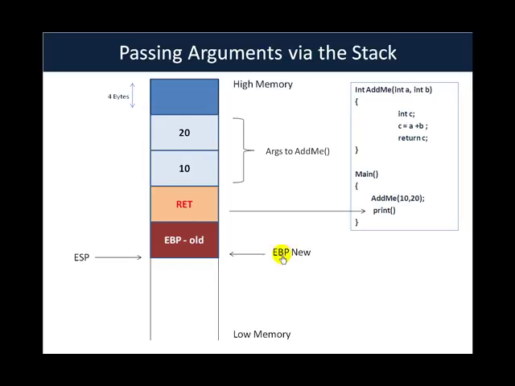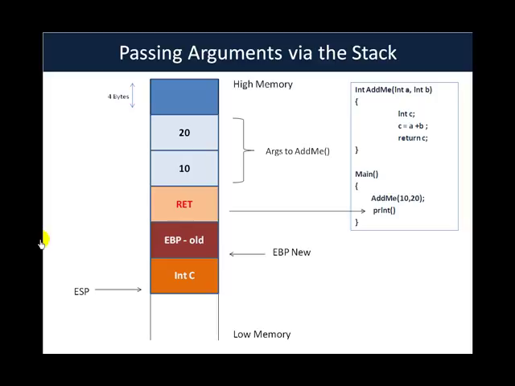Once this is done, the EBP register always points to the top of the stack as far as the local function addMe is concerned. From there on, let's say if you want to reserve some space for the local variable integer c, we go ahead, create that space and update ESP accordingly. And then depending on what other things we do with the stack, ESP's value could change.